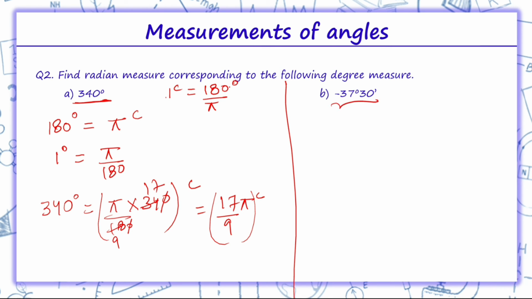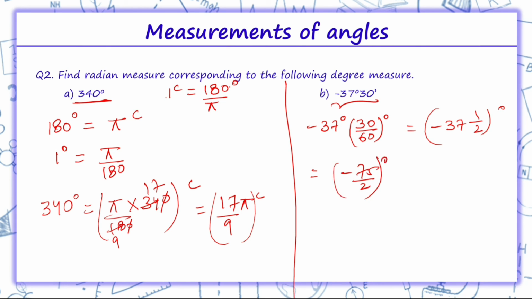Now here we are provided with degree and minute. So first we will convert it into degree. Minus 37 degree and 30 minute will be written as 30 by 60 degree, that is minus 37 1 by 2 degree, which will be written as minus 75 by 2 degree.